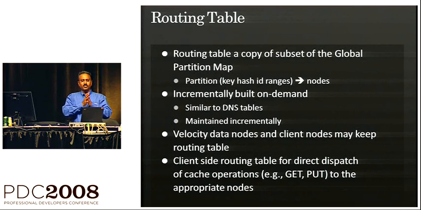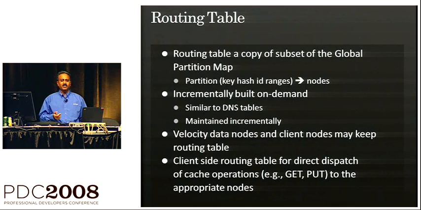Once you partition it into several partitions, we take those partitions and spread them onto different machines. That's a way to load balance and do the data placement across the cluster. And what the routing table tells you is that, given a key, it finds out what partition it is in and what node it is in.